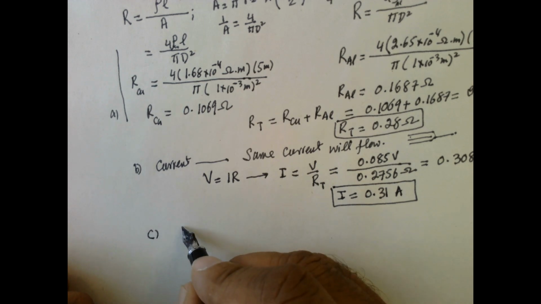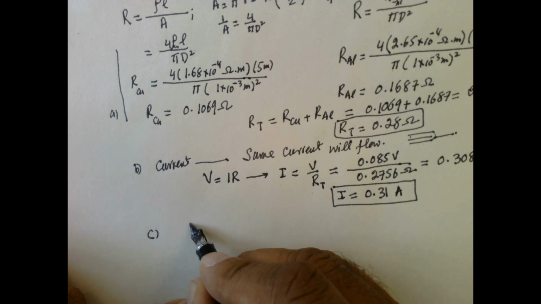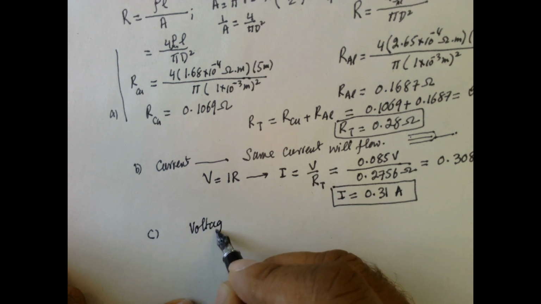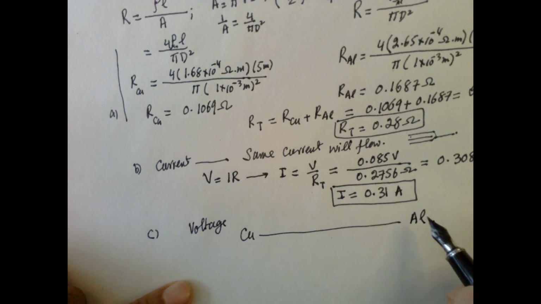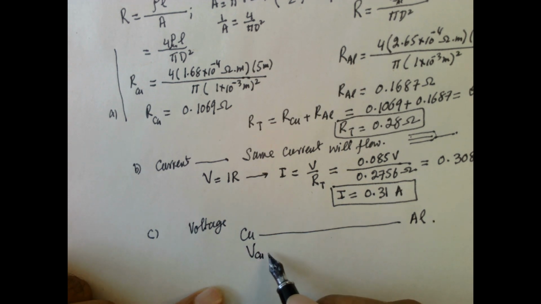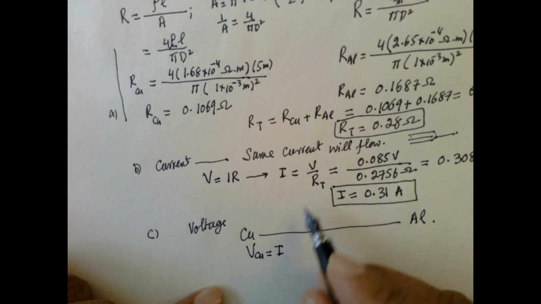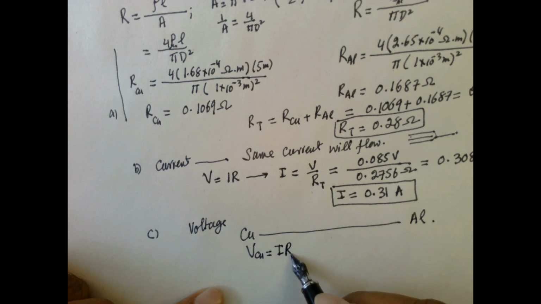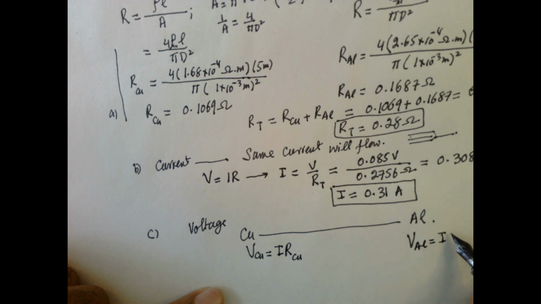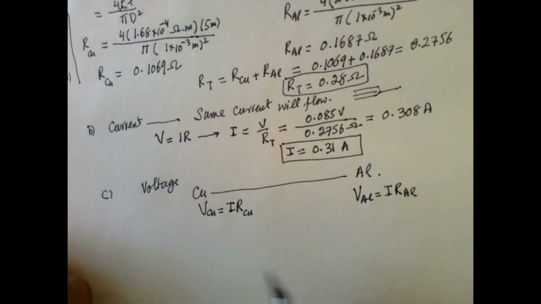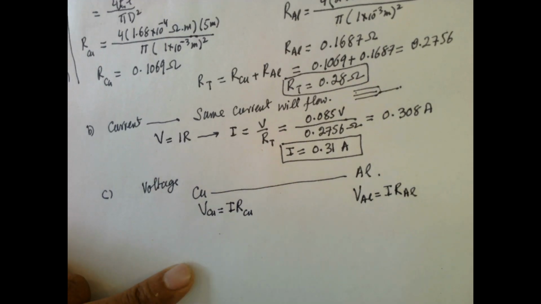Now the third part is the individual voltage, for the copper and aluminium. So voltage on copper, V is equal to I times R, I total, which is this one, into R of copper. Similarly, voltage of aluminium is equal to I into R of aluminium.